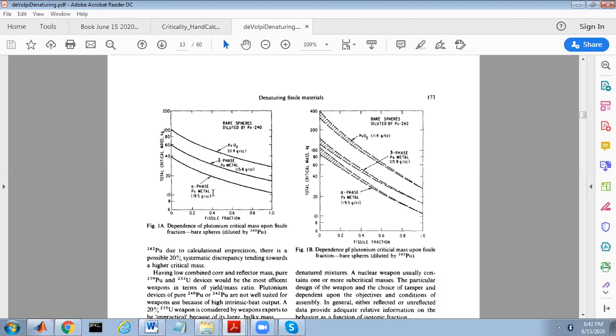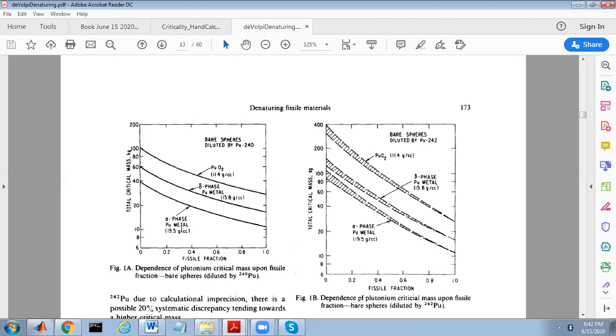This is the alpha phase, which has a density of 19.5 grams per cubic centimeter, plutonium metal. While the delta phase, and I'm not a metallurgist, so I'm not really sure how the alpha and delta phases differ metallurgically, but I just know that their densities are very different.